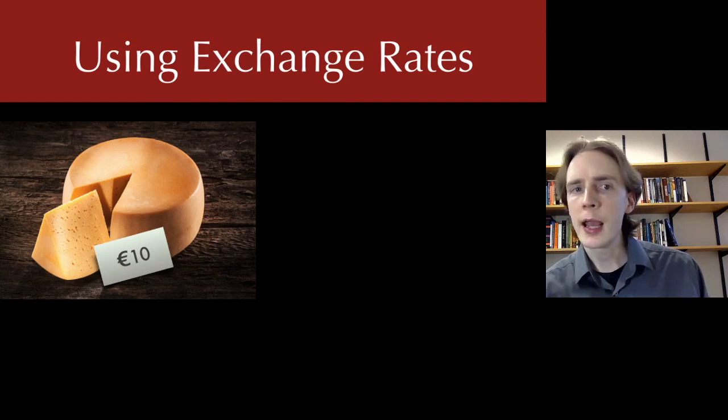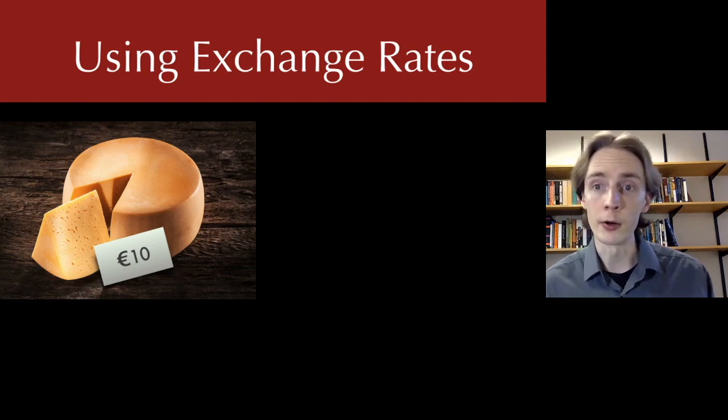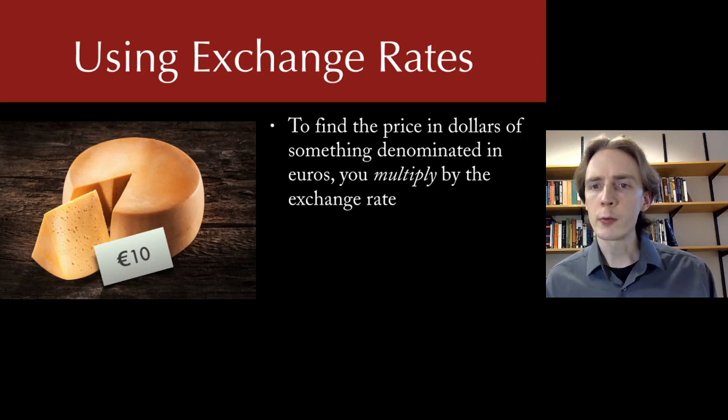If you want to buy a 10 euro wheel of cheese from France and have it shipped to you, you're going to want to multiply the euro price by the exchange rate in order to find the price to you in terms of dollars. So here's how this would work.